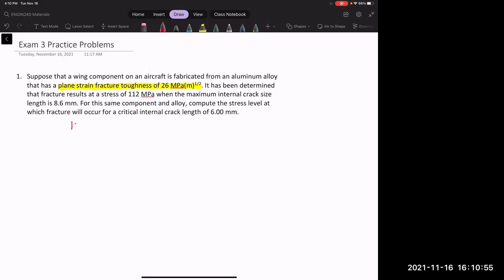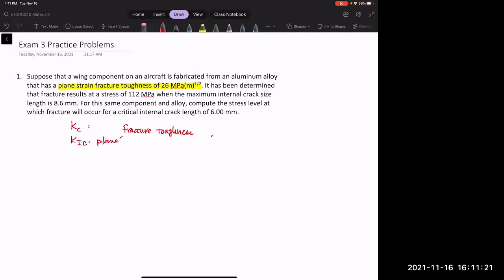There is a KC and a K1C. This 1 here represents 1. The KC is the fracture toughness, and the K1C is the plane strain fracture toughness.